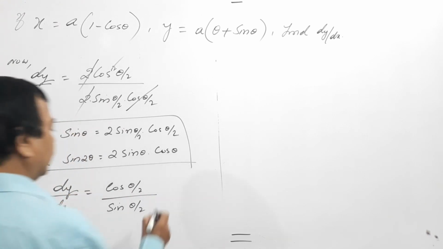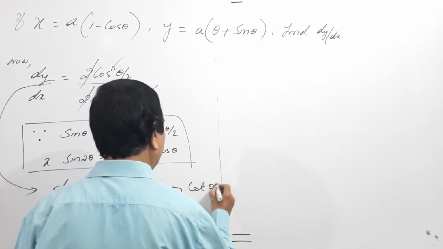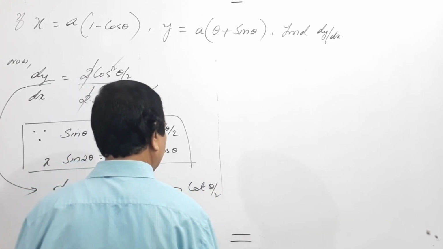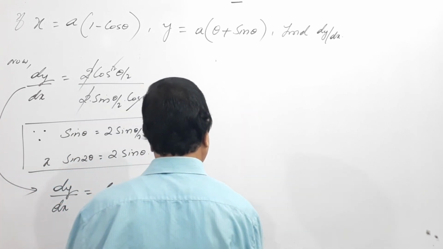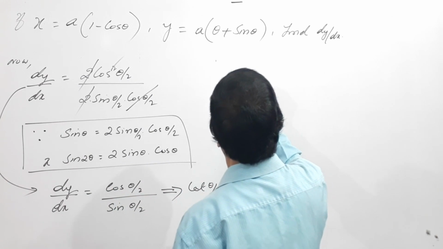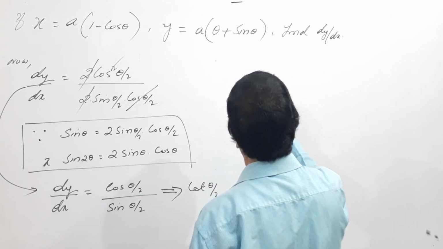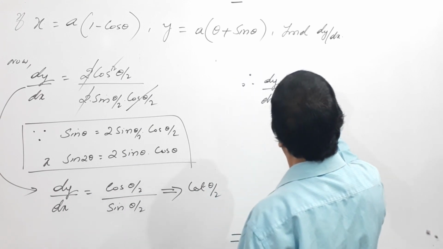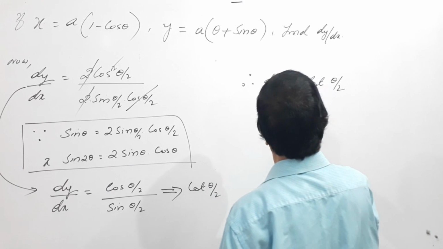This is nothing but cot theta by 2. Therefore, dy by dx equals cot theta by 2. This is the required answer.